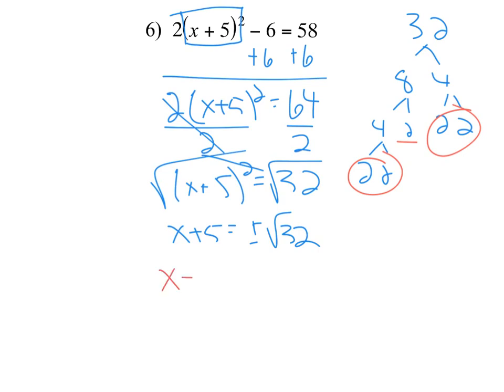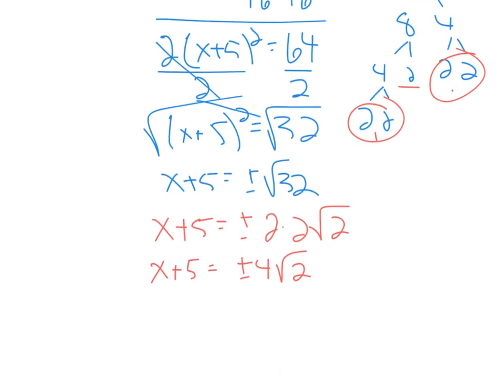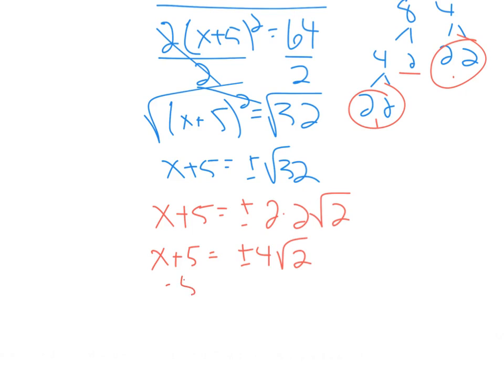So that becomes x plus 5 equals plus or minus 2 twos, one for that one and one for that one, and then root 2 there. So we get x plus 5 equals plus or minus 4 root 2. And then to finish, we subtract 5. There are no like terms there, so we get negative 5 plus or minus 4 root 2.